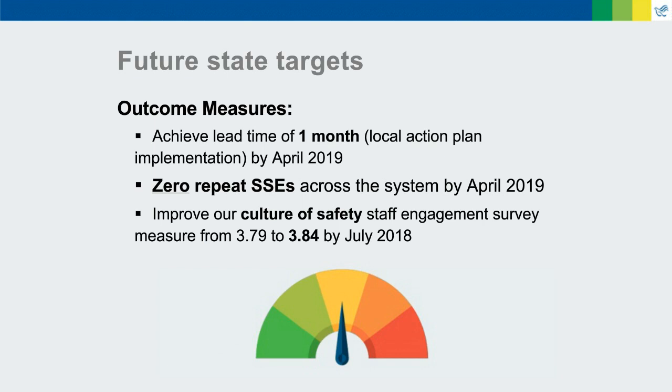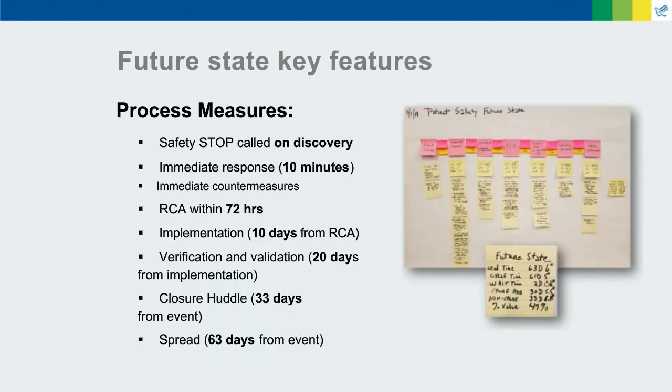So there are key features that came from the safety stop process. We would call a safety stop upon discovery of the event. So no more putting in a variance report and then waiting for somebody to look at it and say, oh my gosh, we need to address this, and then it goes to some committee. A safety stop would be called on discovery. We also said that any caregiver can call a safety stop.